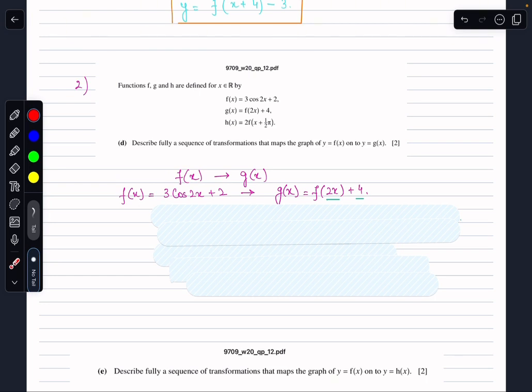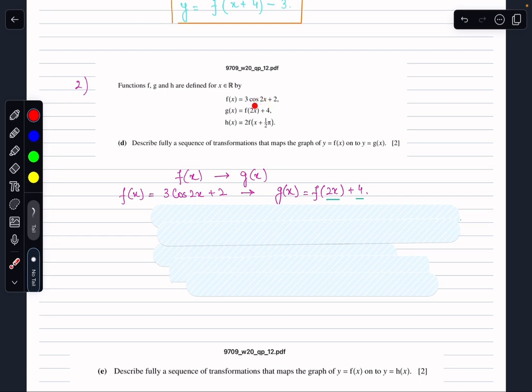We can see that all three functions have different types of transformations. If I discuss the function f of x, the cosine function is getting transformed in three forms. Number one, I can see a +2, which is a constant. This +2 shows a vertical translation in the positive y direction, so it's a +2 translation upwards. Then I have a 2x.